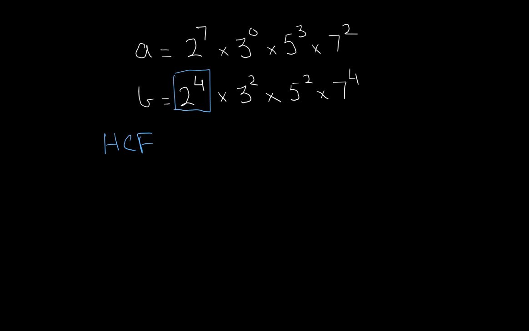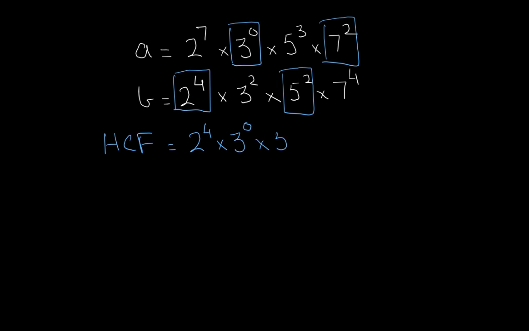Then it's going to be 3 raised to the power 0, because 0 is less than 2. It's going to be 5 raised to the power 2, and then 7 raised to the power 2. So HCF will be equal to 2 raised to the power 4 into 3 raised to the power 0, which is really 1, into 5 raised to the power 2 into 7 raised to the power 2. That's the HCF. Now, what about the LCM?